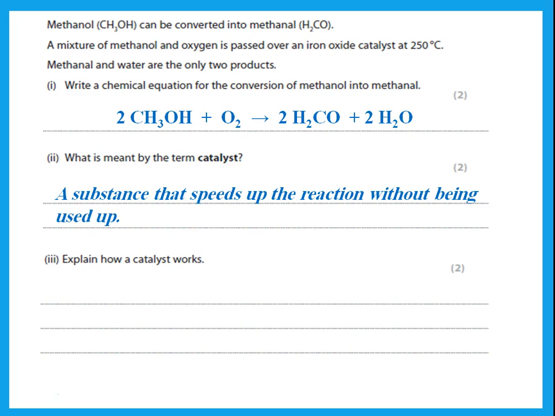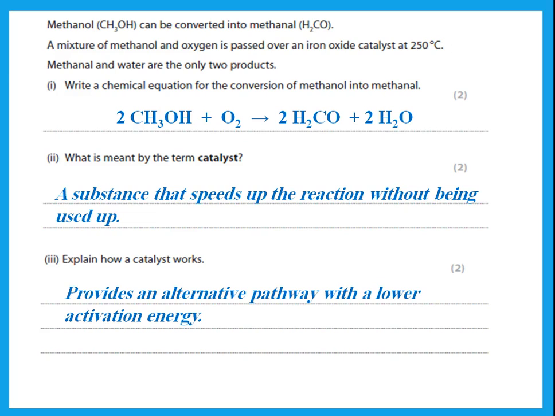What is meant by the term catalyst? Remember that we said a catalyst is a substance that speeds up the reaction without being used up or while remaining unchanged. Explain how a catalyst works. Remember that we said a catalyst speeds up the reaction or increases the rate of the reaction. Why does it do that? It provides an alternative pathway with a lower activation energy.